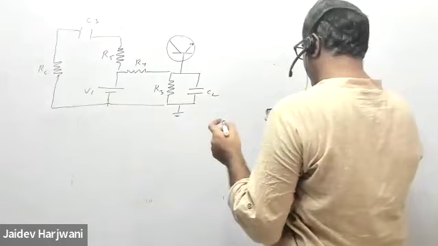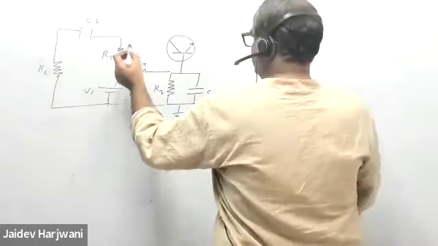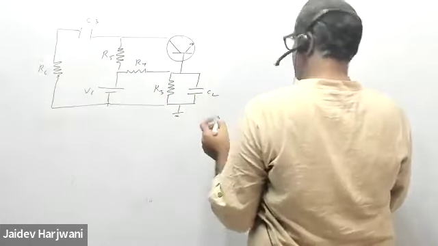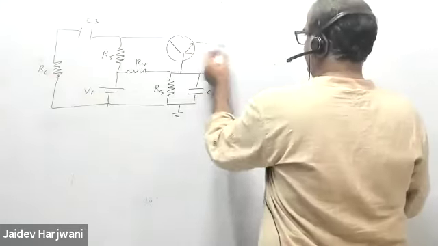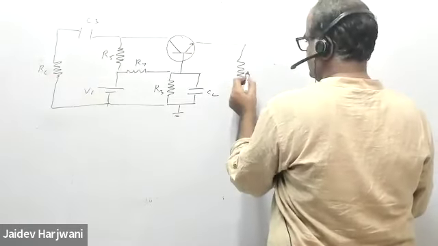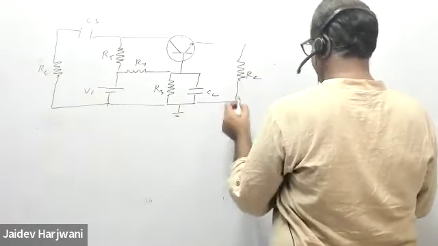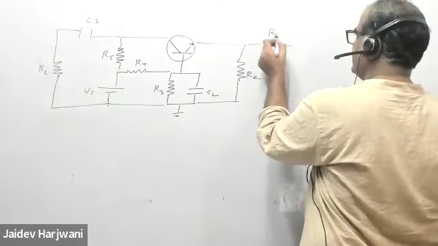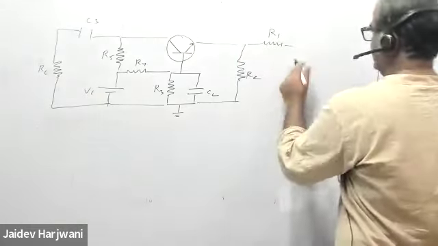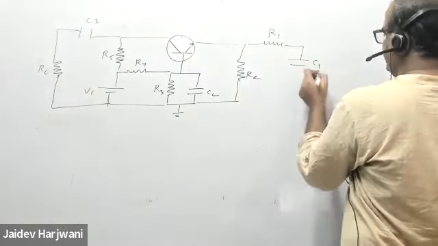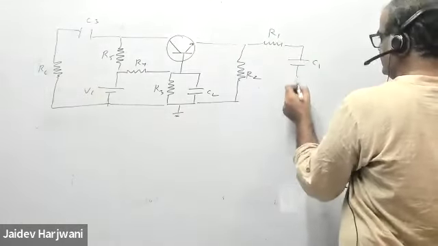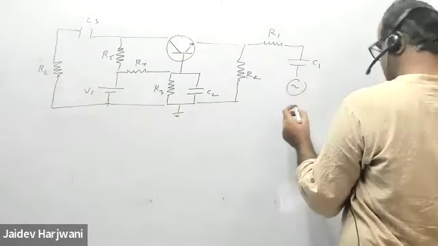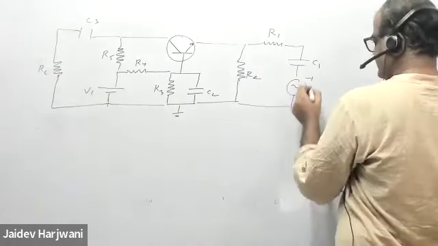Okay, please check whether I'm drawing correctly or not. And then this is here, and then you have this R2, and then you have R1. And here you have C1 and some AC source there. And this is like this.